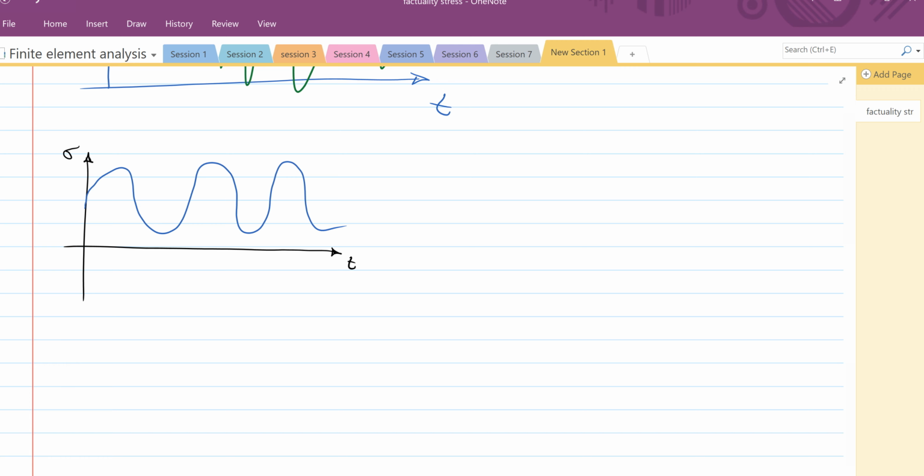Let's define a few parameters here. The maximum one, we call maximum stress. This one, minimum stress.